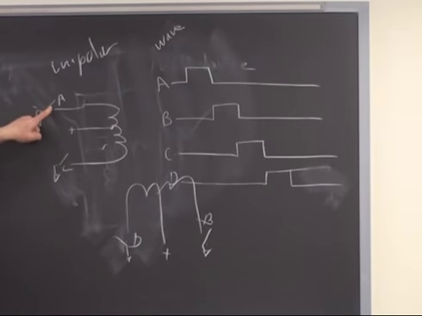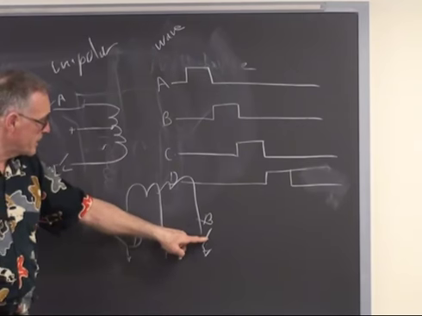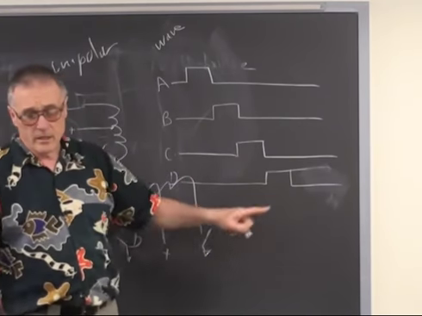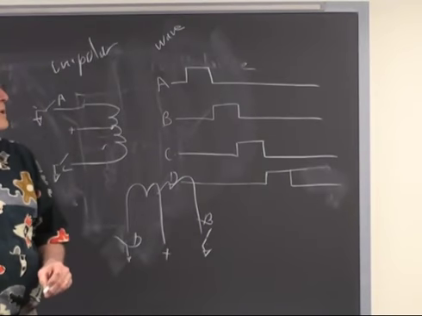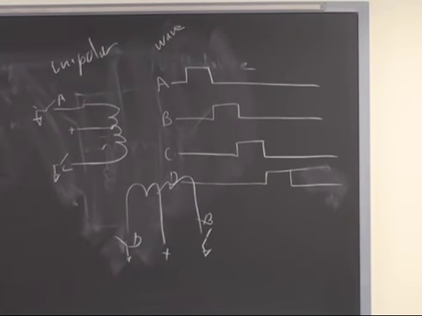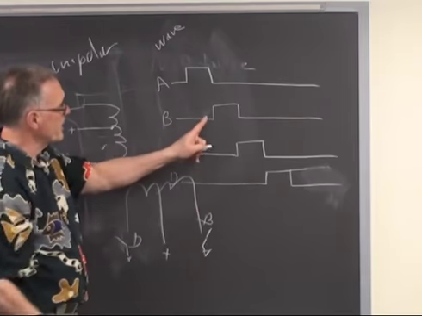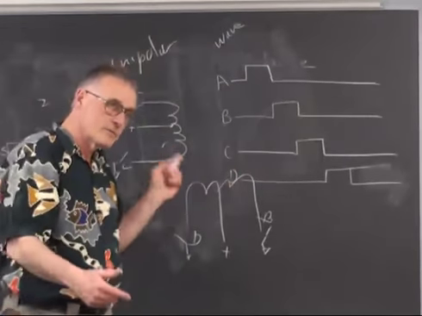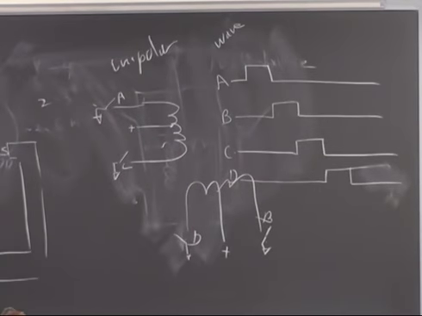So you'll close the switch here, and then you'll close the switch here, then you'll close the switch here, then you'll close the switch here. And you'll produce a series of pulses that, for one direction of rotation, B comes after A, and for the other direction, B comes before A. Change the phase of those.